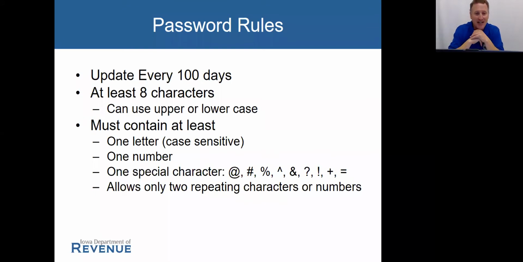The system will not take it if you don't meet all of these requirements. So again, take a deep breath and ask: do I have at least 1 letter, 1 number, 1 special character of those listed, and no more than 2 repeating characters or numbers? Hopefully you'll get that down, and that'll work for you.